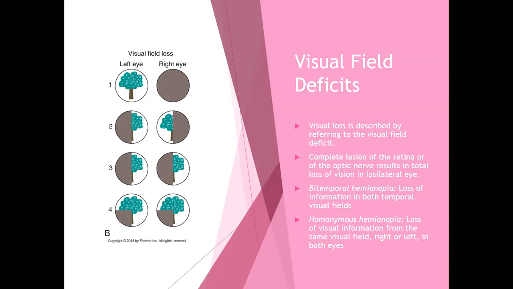Very interesting. This homonymous hemianopsia happens a lot with CVAs, particularly middle cerebral artery CVAs or posterior artery CVAs because it affects the occipital lobe.